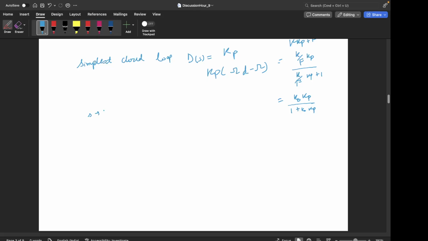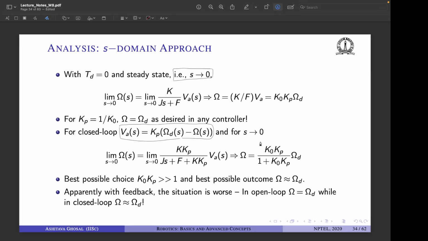So for S tends to 0 and TD equal to 0, the transfer function becomes omega S equal to K0 KP by 1 plus K0 KP times omega DS. This is the relation.